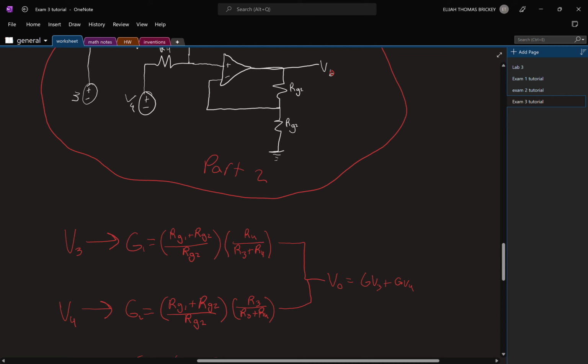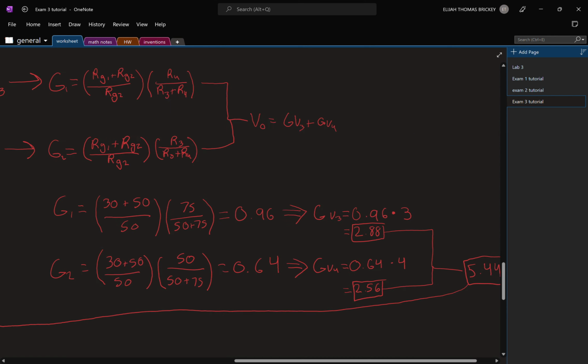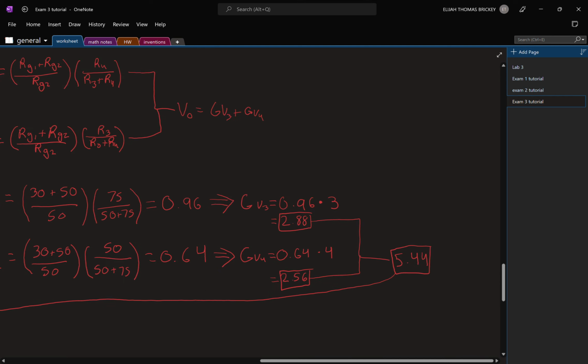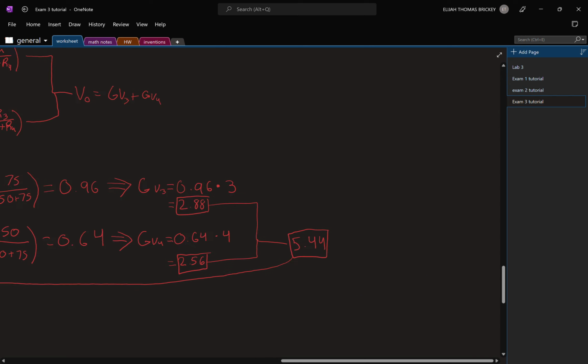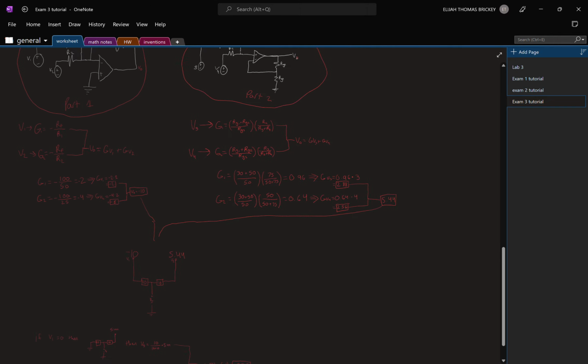I created these to be less than 1 on both of them, so 0.96 and 0.64. Then you get GV3 plus GV4 equals VO, and GV3 is 2.88, and GV4 is 2.56, and so you end up having 5.44.